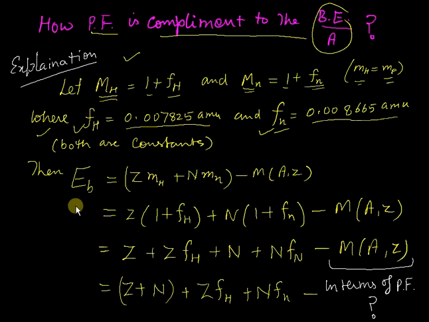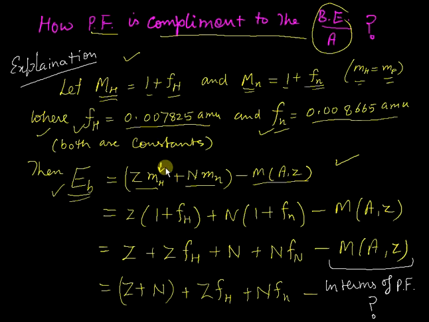Now the point here: we know that mass defect can be defined by this formula. The formula of mass defect is represented by this symbol E_B, that is Z M_H plus N M_n, the masses of the constituents, minus M(A,Z), the mass of the nucleus.